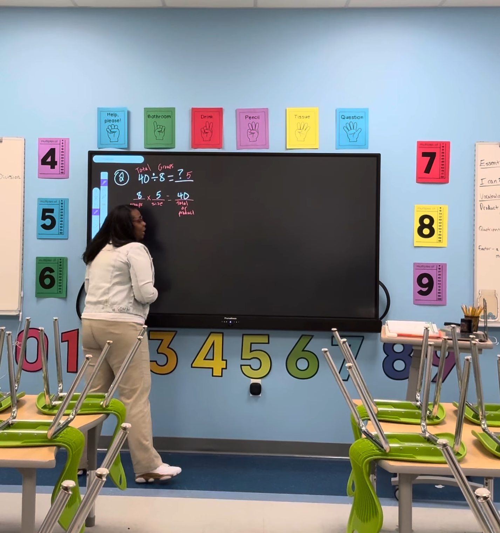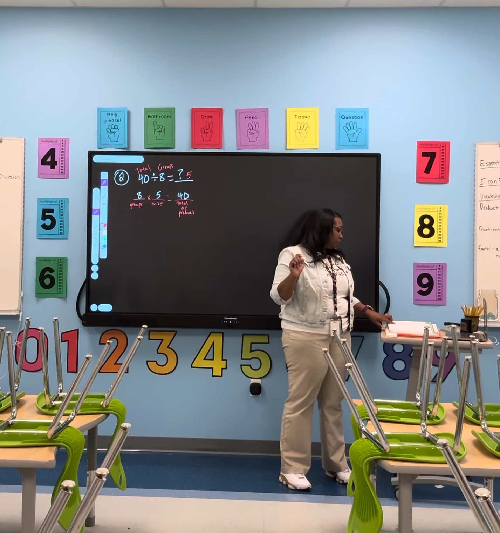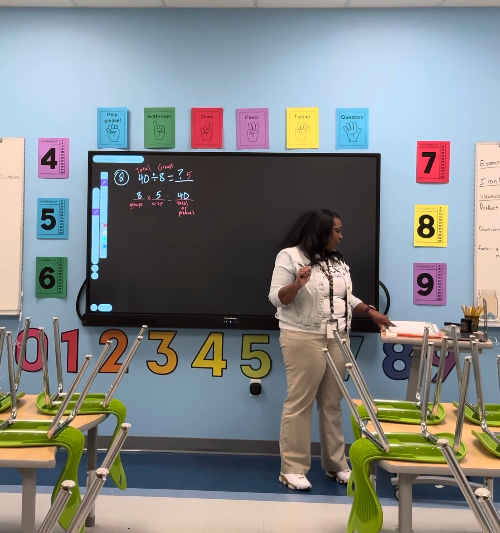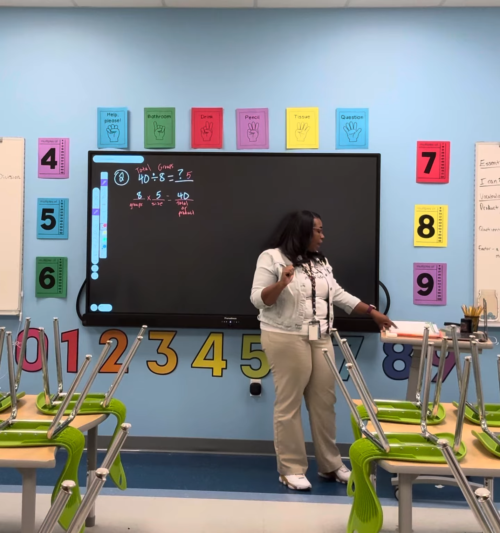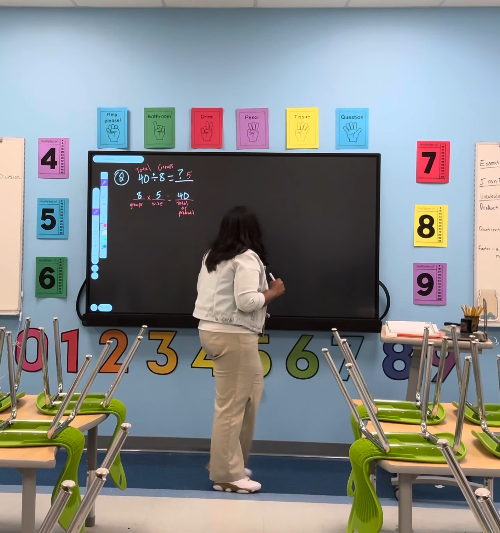Okay, so again, I'm going to reread the question and then answer the question. It says, how can you use the fact families to help find 40 divided by 8? Explain.